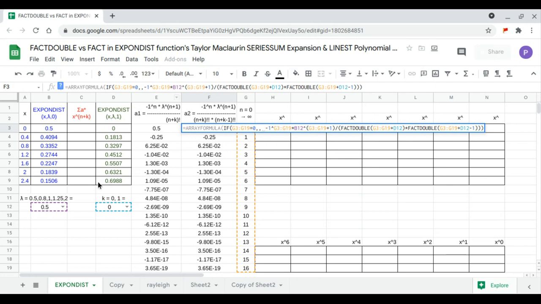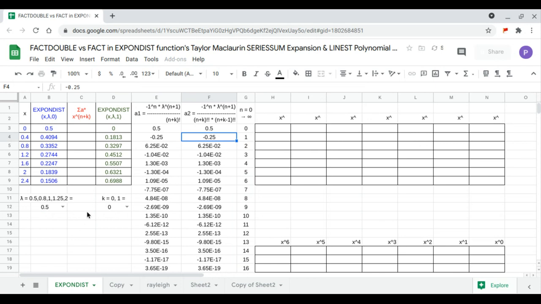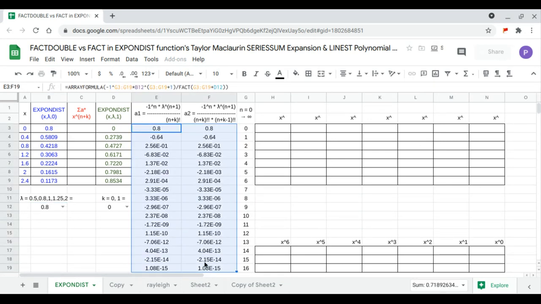This will be lambda. Then enter. So if we assign 0.8, this will be 0.8. And these values are the same.